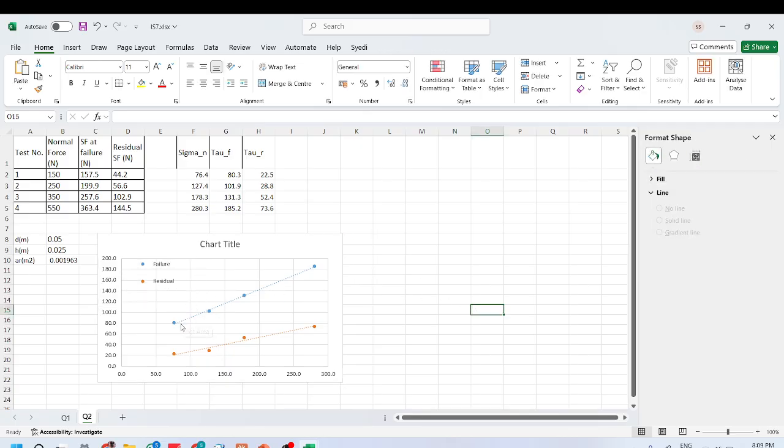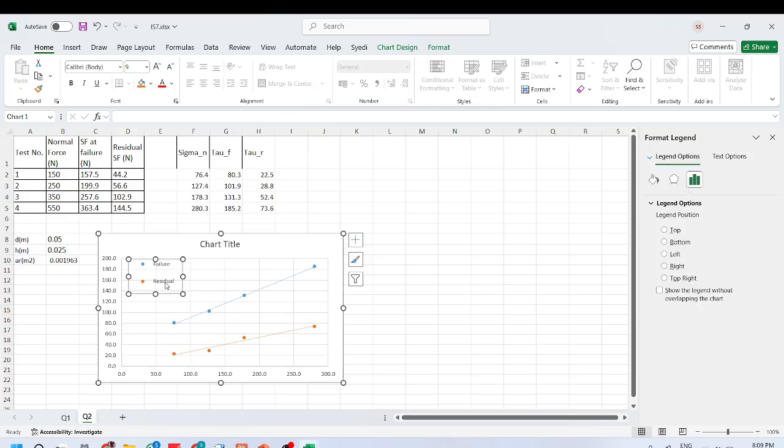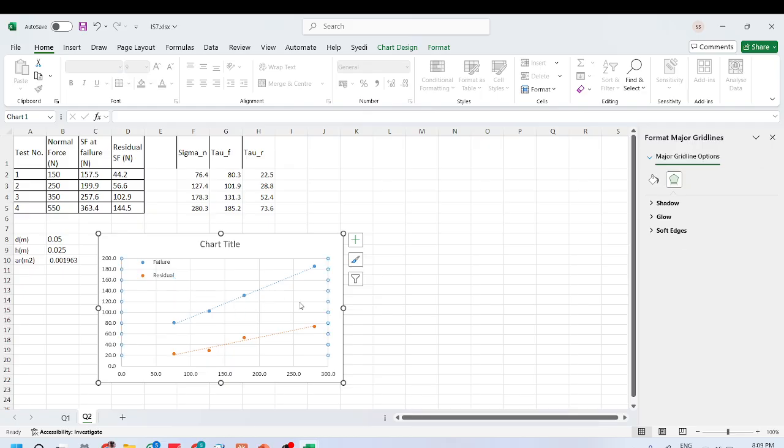So this is the failure envelope, and if you see, this is higher than your residual envelope. So if you remember, I mentioned that this residual strength is more fundamental than your failure strength, because your failure strength will depend on the type of test, but your residual strength will always be something that is inherent to the soil.